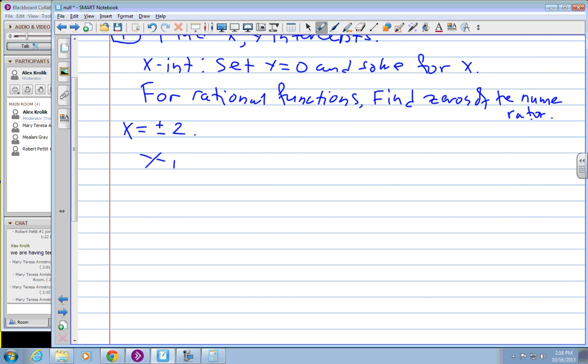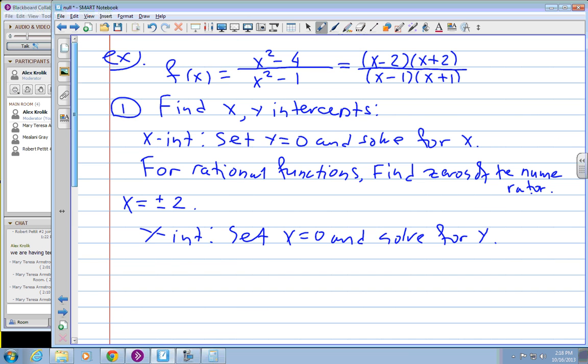Y-intercepts? Well, that's the same. To find the y-intercept, we're going to set x equal to 0 and solve for y. In this problem, if you set x equal to 0, you'll just be left with this ratio, right? -4 divided by -1, so 4.